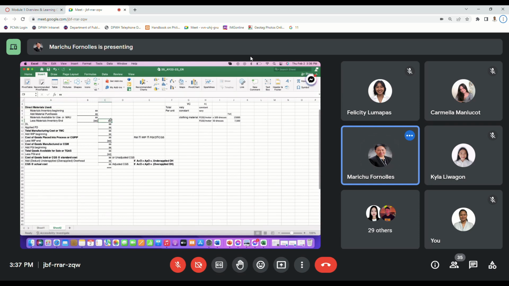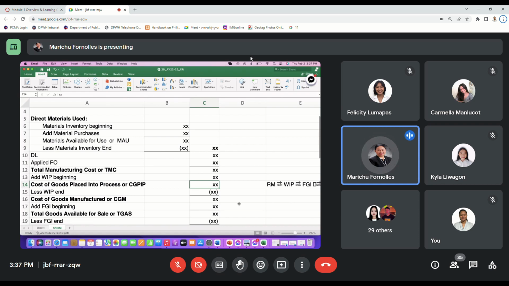This one. Then followed by direct labor cost plus the applied overhead equals the TMC, also known as total production cost. Add the work in process beginning equals your CGPIP, cost of goods placed into process, minus the cost of unfinished jobs at the end of the month, that's your work in process end, equals your cost of goods manufactured, which is your cost of the jobs recorded previously under work in process.